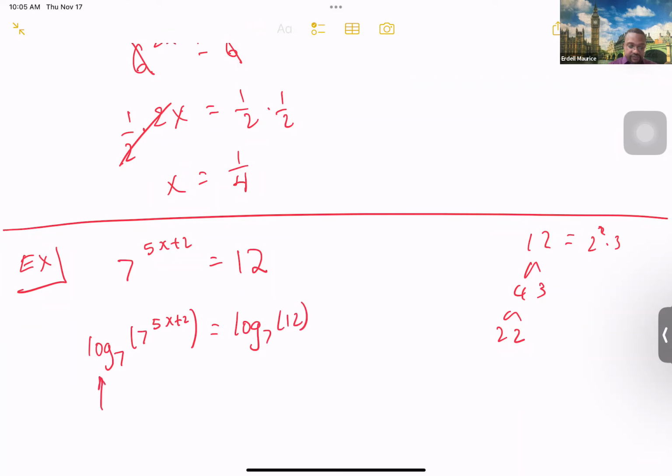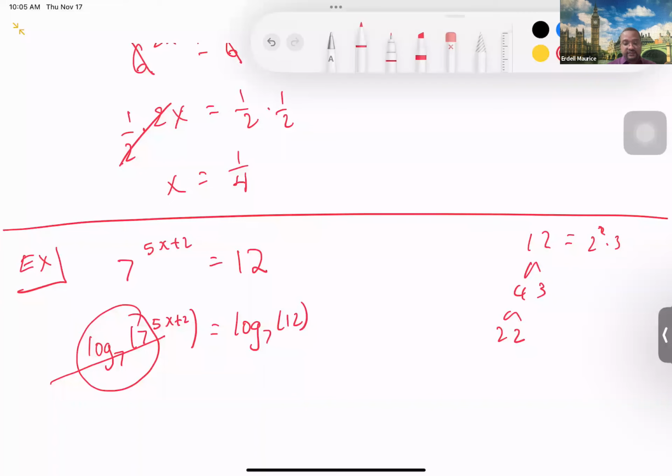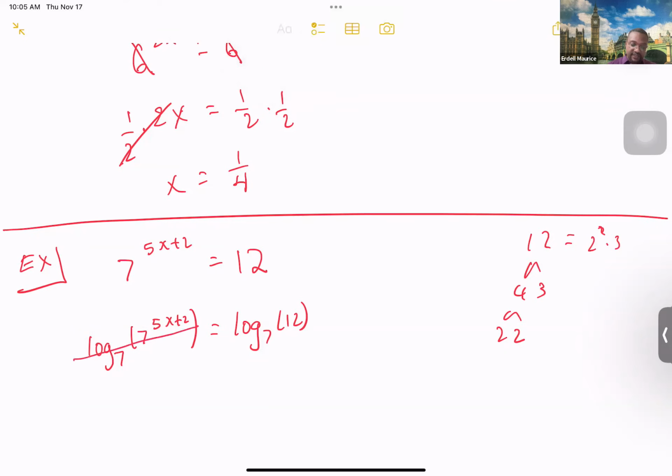So I have introduced log base 7 on both sides. And the reason why I do that is because log base 7 cancels out the 7, because they are inverse functions. And so this leaves me with 5x plus 2 is equal to log base 7 of 12.